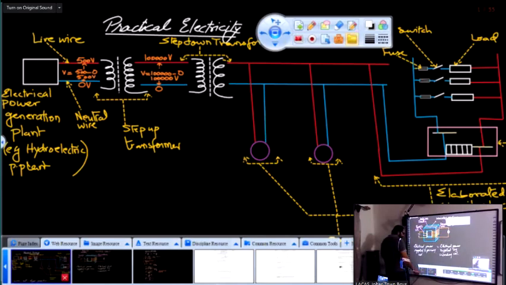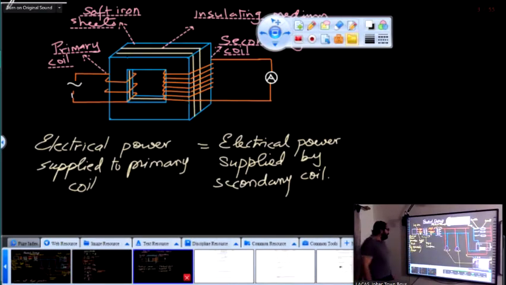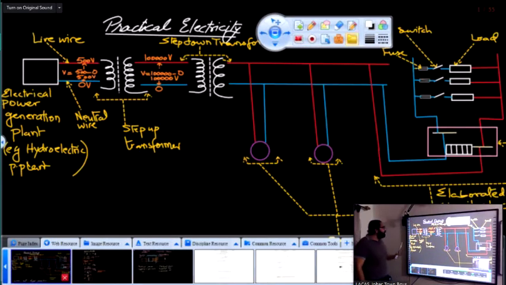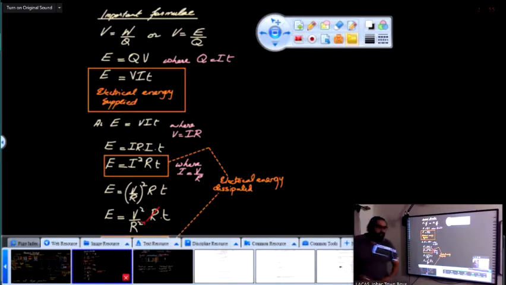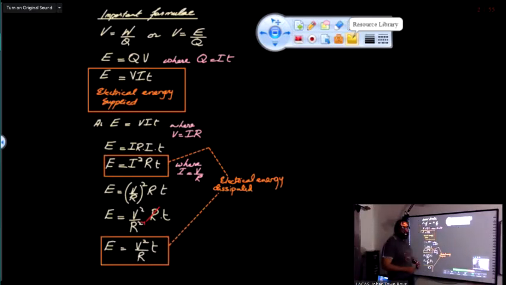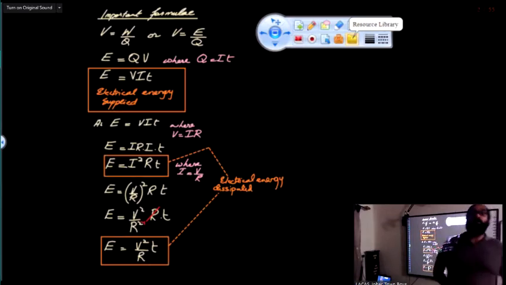So basically आप सोच रहे होंगे कि how we are moving on to this section. देखो, मैं पहले यहाँ से शुरू हुआ. In this section, I'm discussing one component, that is transformer. To discuss transformer, I have come on to the discussion of this formula because I know that when we'll discuss transformer, most of the students get confused over this concept that how we are saying the potential difference increase will decrease the current, though Ohm's law says that the increase in potential difference across an electrical component will increase the current flowing through it.